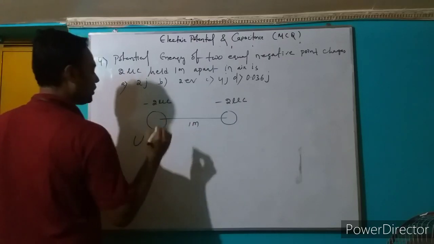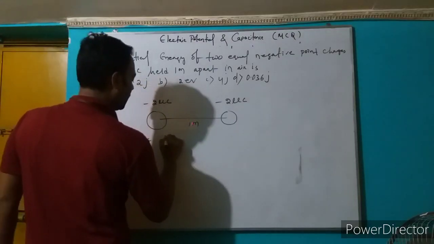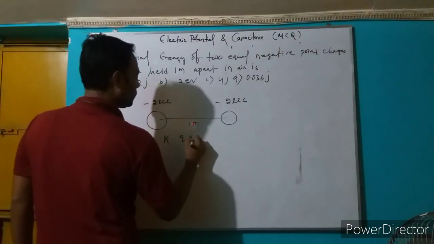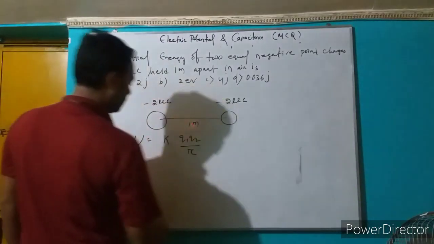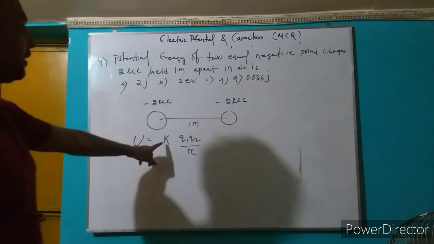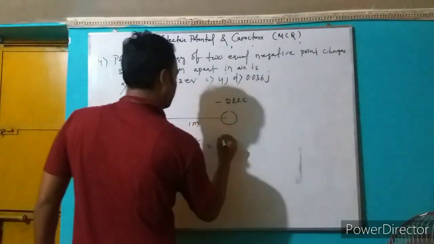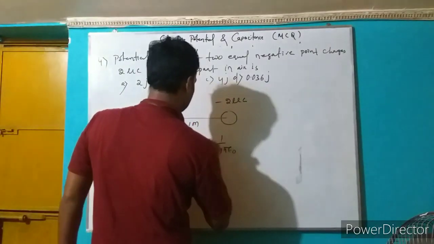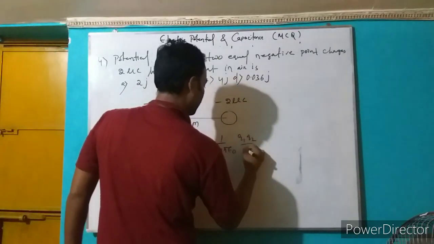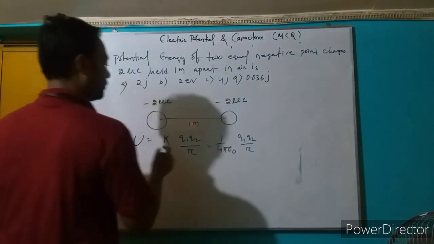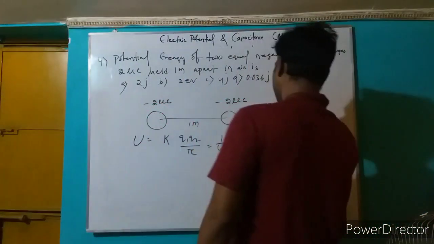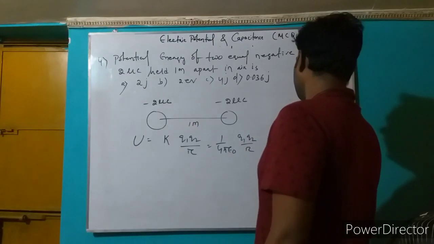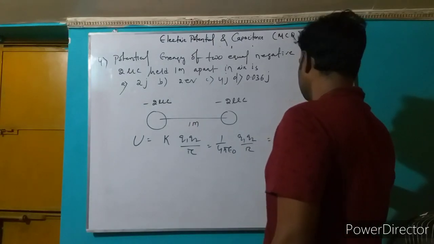Potential energy U equals K Q1 Q2 by R, that means 1 by 4 pi epsilon 0 times Q1 Q2 by R. Here, 1 by 4 pi epsilon 0 means 9 into 10 to power 9.